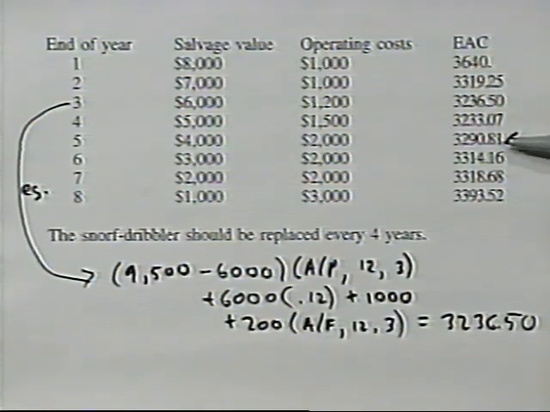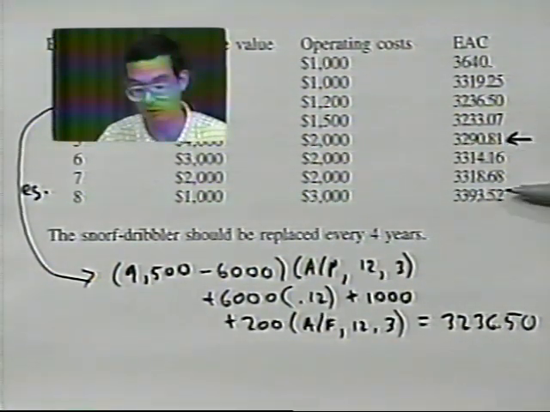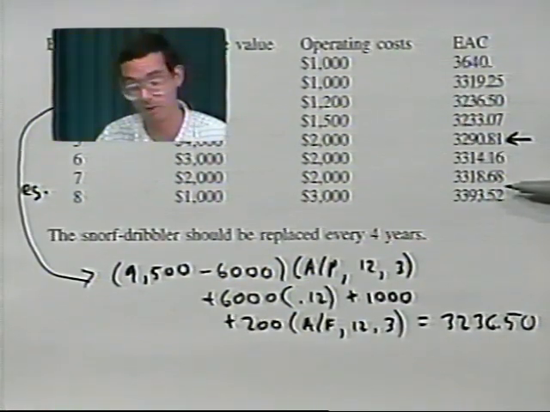If we cycle on a 5-year basis, keep it for 5 years and replace it, then on average it's going to cost us $32.90 per year. And if we replace it more frequently than every 5 years, it's going to cost us more on an annual basis, and less frequently than every 5 years, it's going to cost us more on an annual basis.